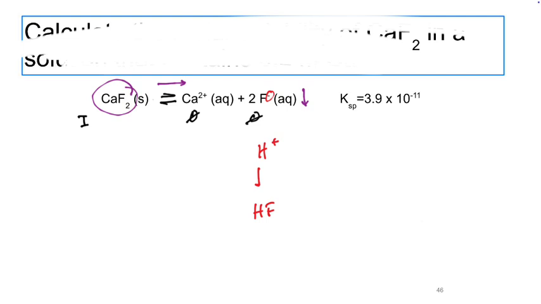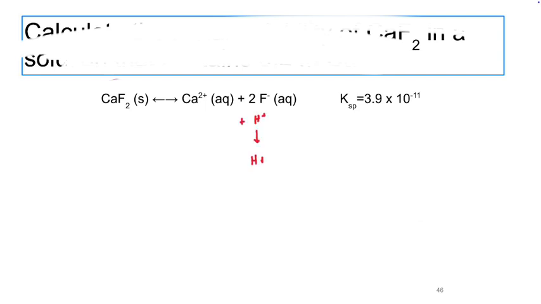Can acid react with any negatively charged atom? No. Okay, so let's do a quick modification to this equation. I'm going to still keep this, so we'll say plus H plus goes to HF.